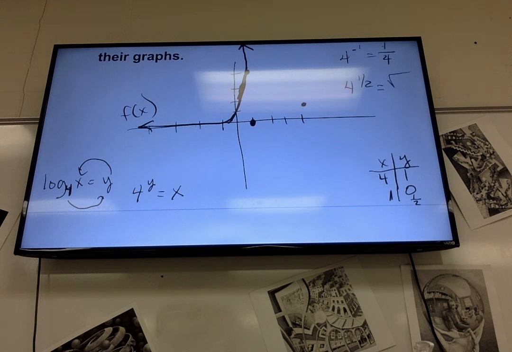Square root. Yeah. Now let's do some negatives. Let's do a -1. So 4 to the -1 is 1/4. So it's also going to have an asymptote. It's just going to be the y-axis.